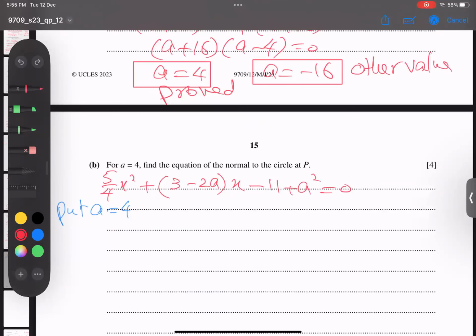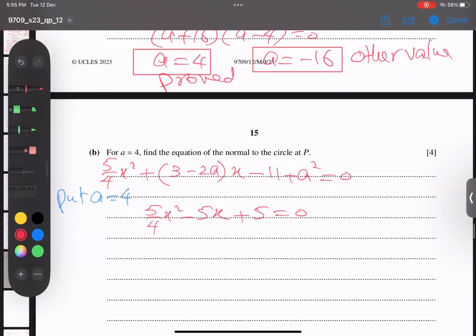So when I plug in 4, 5 upon 4 x squared, this a goes there, 4 times 8 is 32, and I get negative 5x. 4 goes there, so 4 times 4 is 16, and I got plus 5. Let me recheck. 16, yes, correct. So now what is the technique? First of all I have to multiply by 4, so into 4, into 4, into 4, and divide. Okay, do one favor.